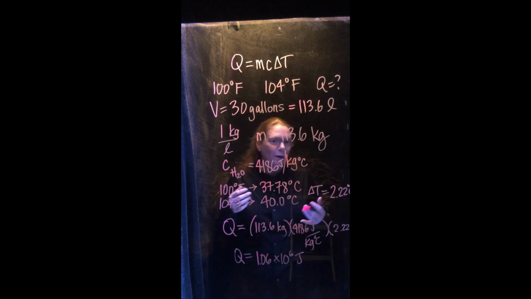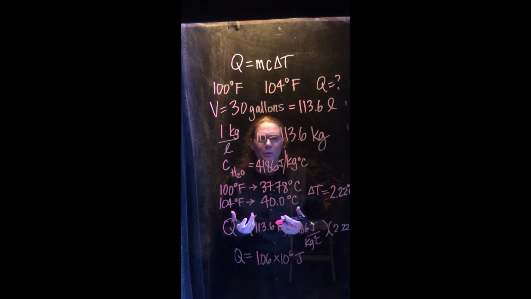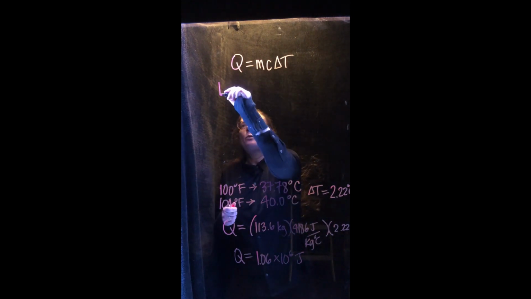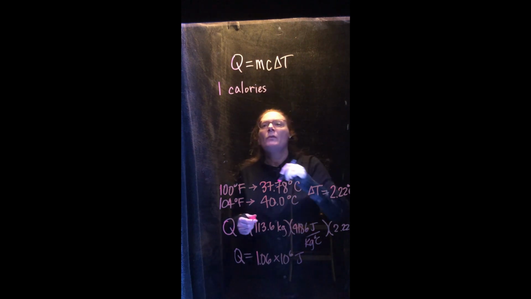Now, what is that number? How much does that really mean? So we can convert this to other units. In order to use something a little more reasonable for you to figure out, I'm going to talk about calories. So we talk about calories as another unit of heat energy.